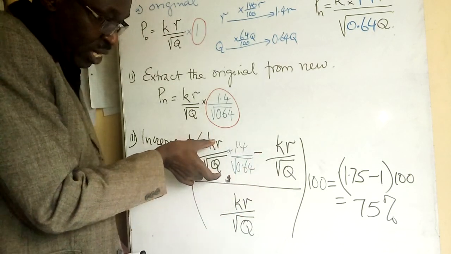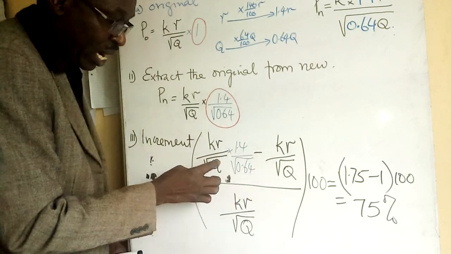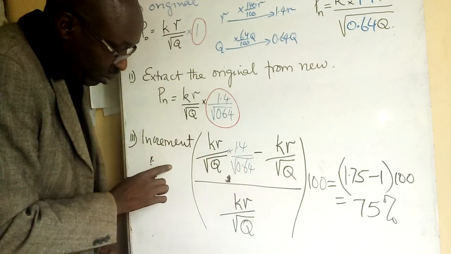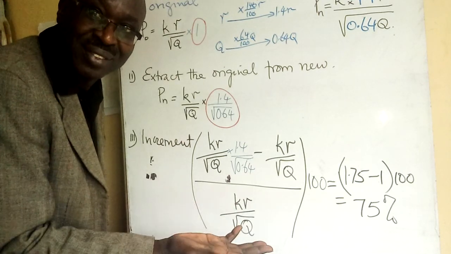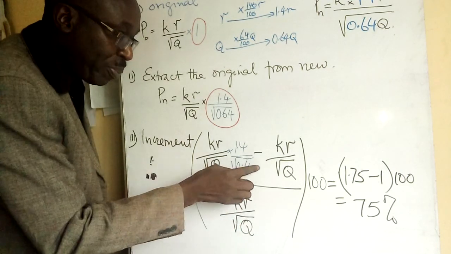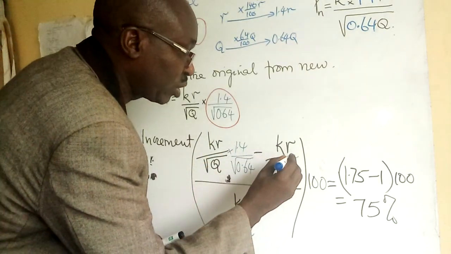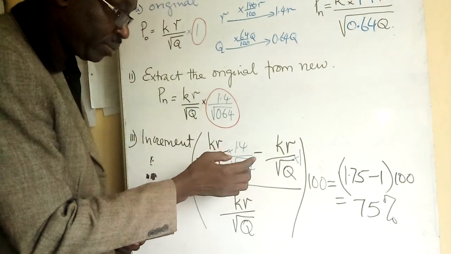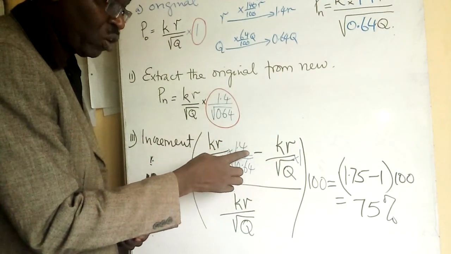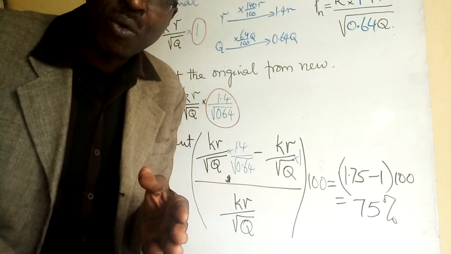If I remove the black outside, the outside black cancels the denominator. So up here I remain with blue. So blue remains: 1.4 over square root of 0.64.